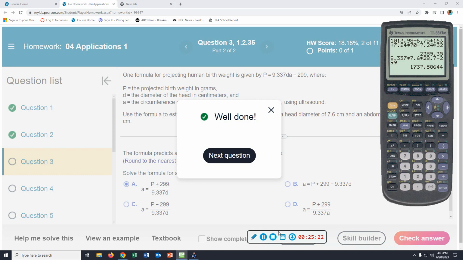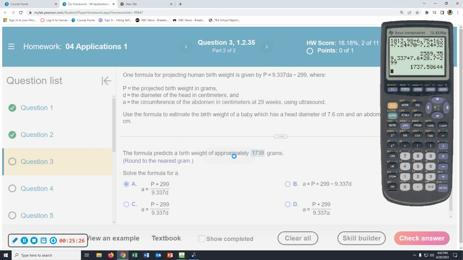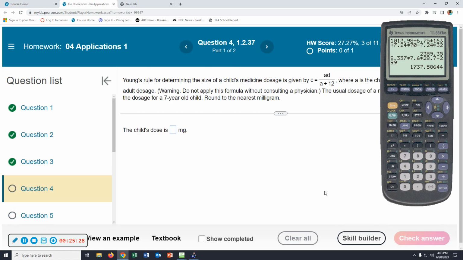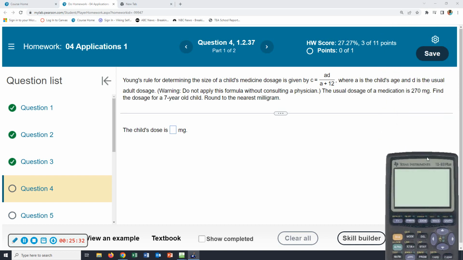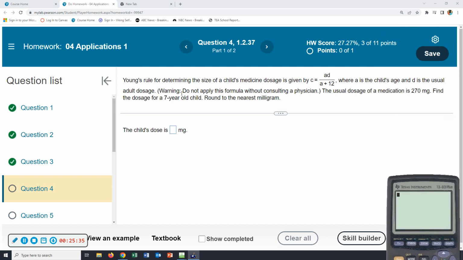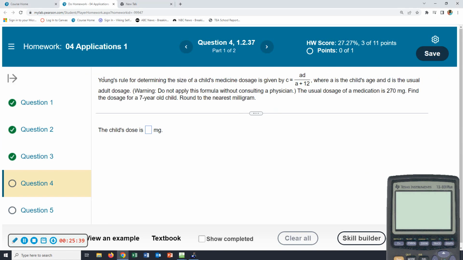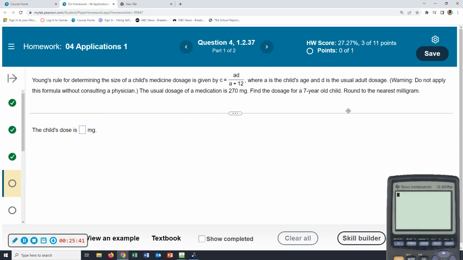Let me see if I can move this out of the way. There. Okay, just flying right on along. Clear this up. Move this out. Yeah, that looks better.